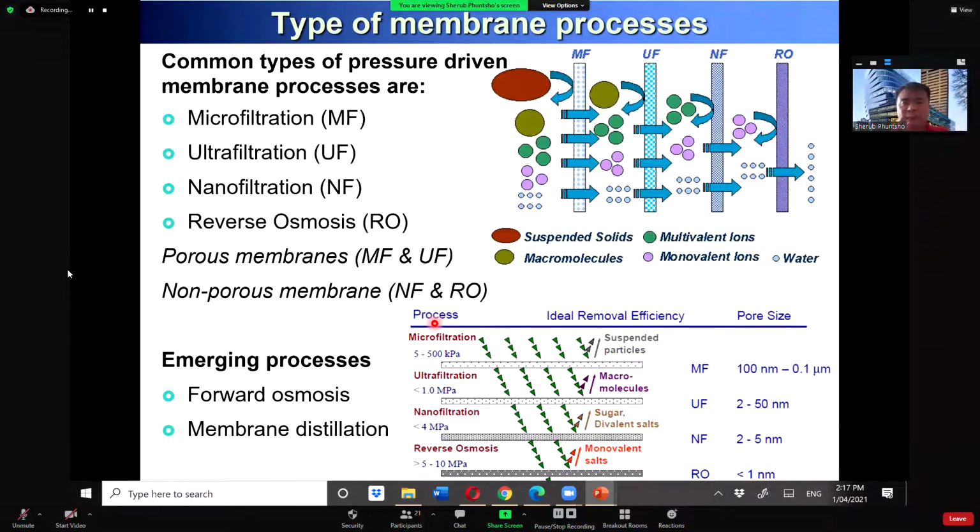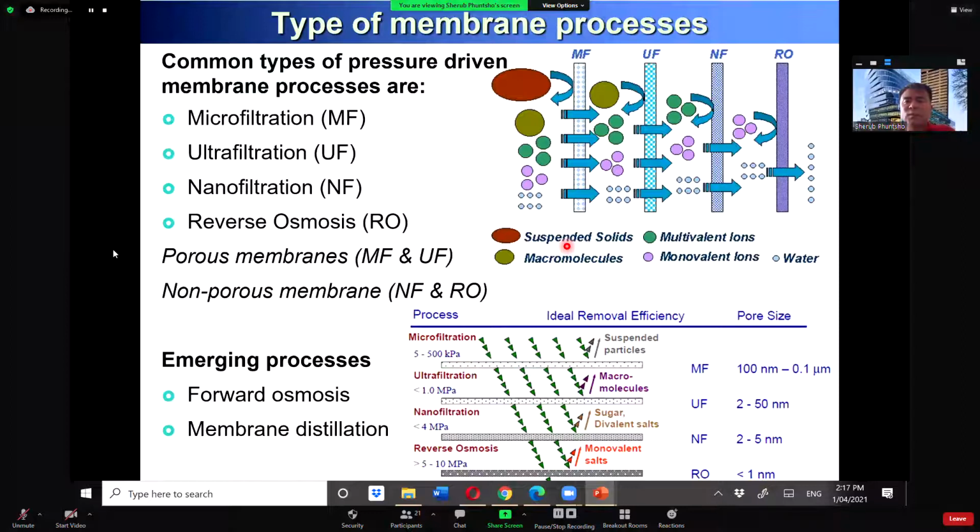But membrane distillation is a combination of both heating and the membranes. So you don't have to heat water to 100 degrees Celsius. You can heat up to 40 to 50, 60 degrees Celsius. And then you use what we call a hydrophobic membrane with a very large pore size, like microfiltration. If you put normal microfiltration, the water will just pass through. But when you make the microfiltration hydrophobic, that means water repellent, liquid water doesn't pass through.